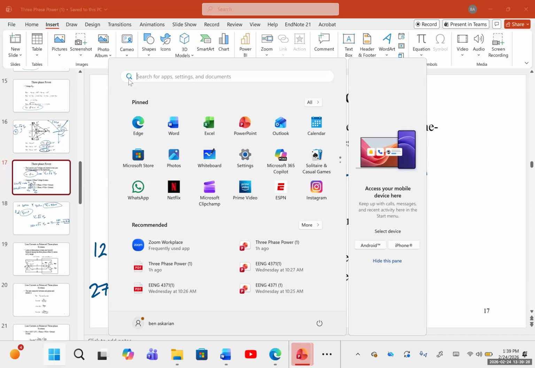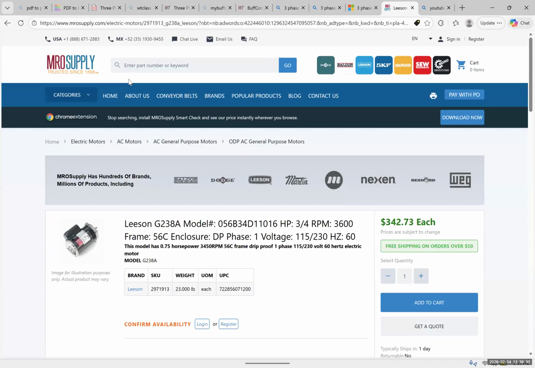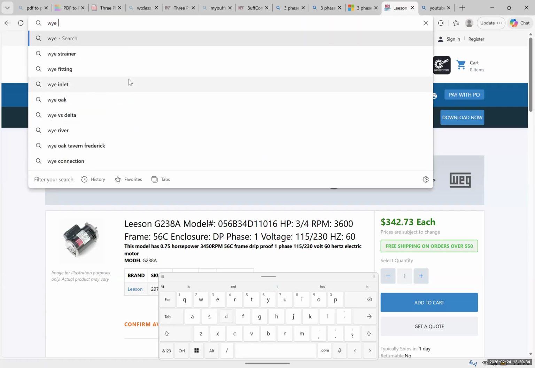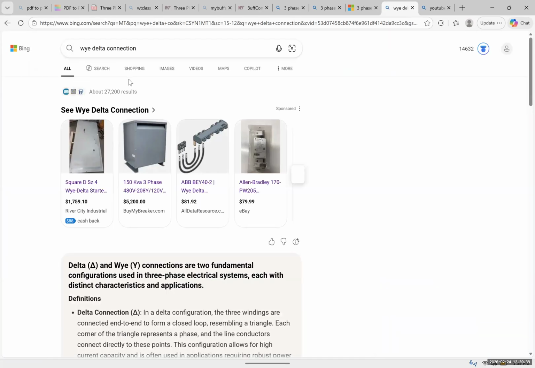I also have, if I can please have a moment of time, a Y delta connection on a motor.